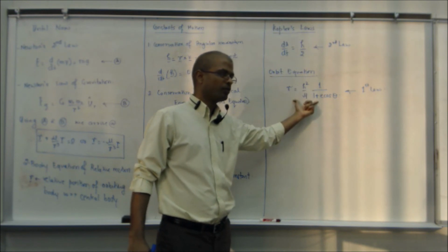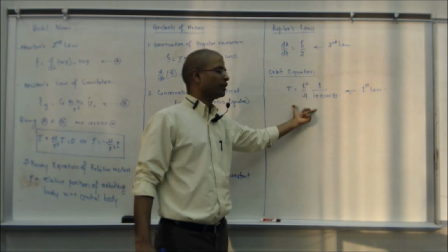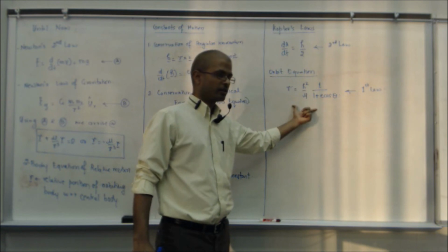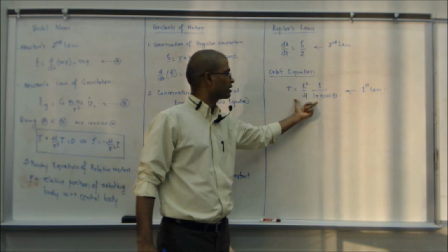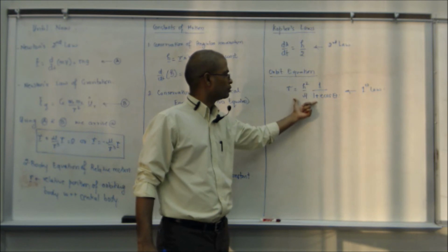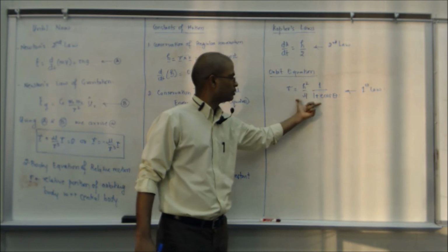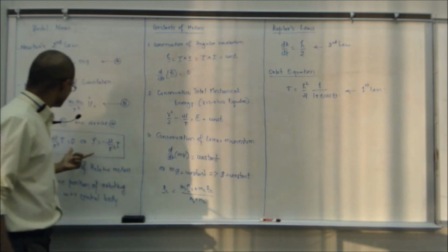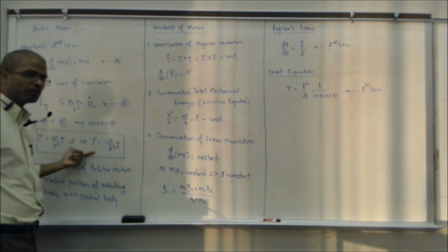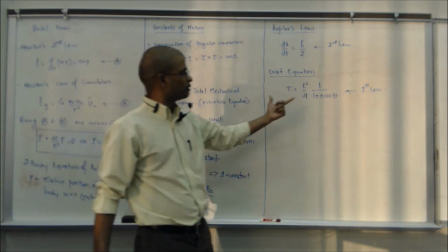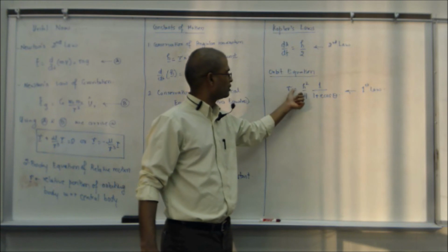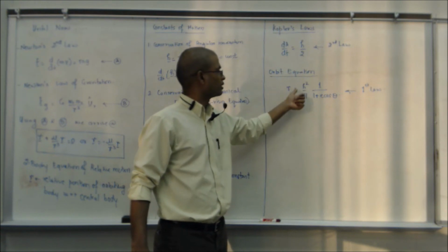Kepler purely just said, the first law said, planets orbit around the sun in ellipses. That was his first law. But when you start with Newton, the two-body relative motion problem, you arrive at r, which is the trajectory or orbit.